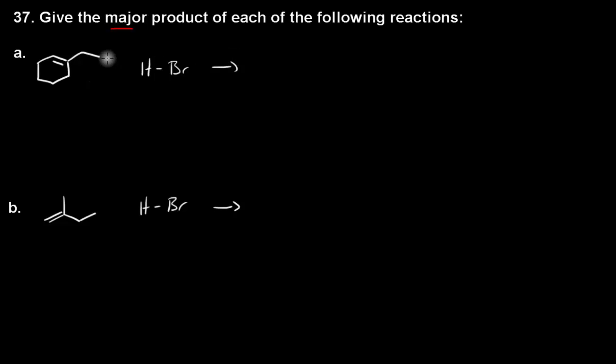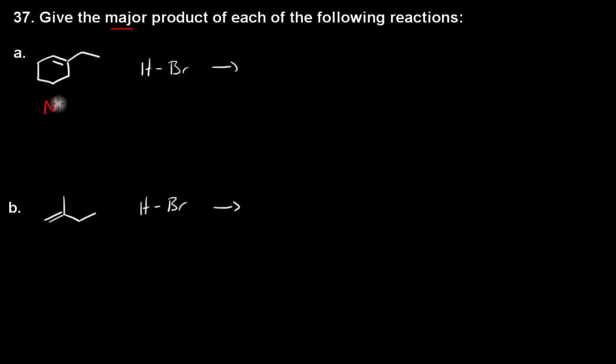Okay, so first off, we have this alkene and this HBr acid. The first step for all of these is you need to determine which molecule is the nucleophile and which molecule is the electrophile. For all of these, the nucleophile is pretty simple in that the alkene is always going to act as your nucleophile.